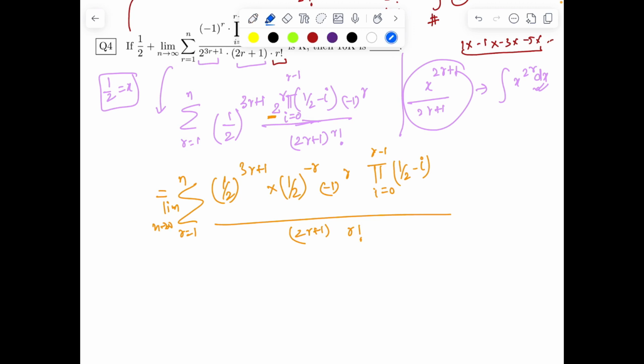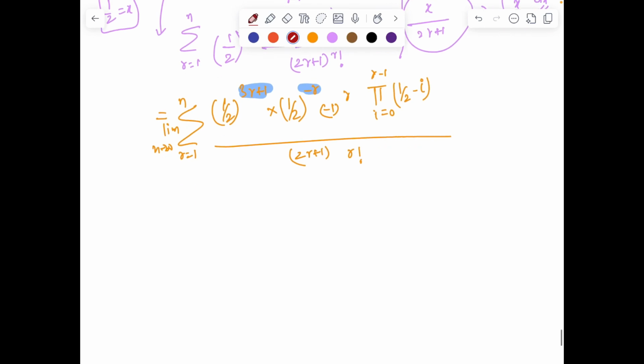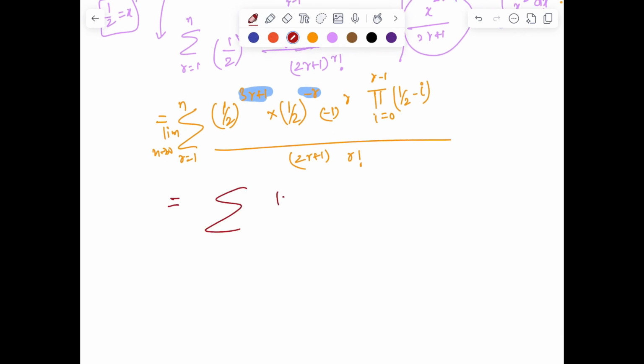Now that is good news because 3r plus 1 and minus r will combine, and this will create sigma half to the power 2r plus 1 divided by 2r plus 1 in the denominator. So this will engage with that structure.